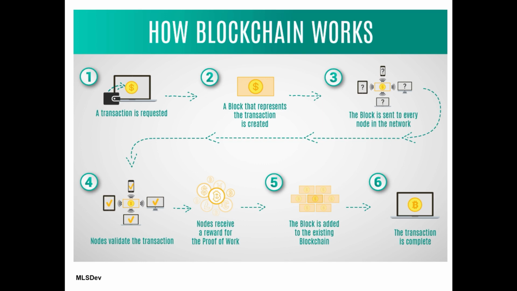So the first stage is that a transaction is generated or requested. In the case of cryptocurrency, it's someone who wants to transfer value from one party to another. So a transaction is requested, but if it's a document, you could say a piece of information is generated. Now, what happens is that different pieces of information all over the world are batched into blocks.